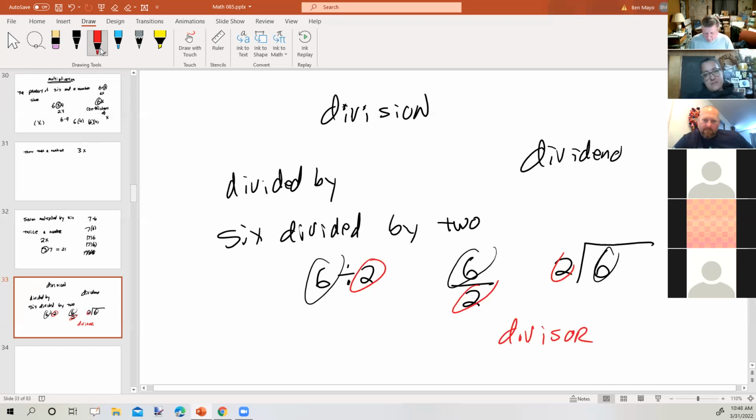The way that I remember, most people, if I ask you for the 2 words, you'd eventually come up with dividend and divisor, but you might not be sure which is which. Let me ask you this, and don't overthink it. What does a counselor do? Counsel. What does an advisor do?